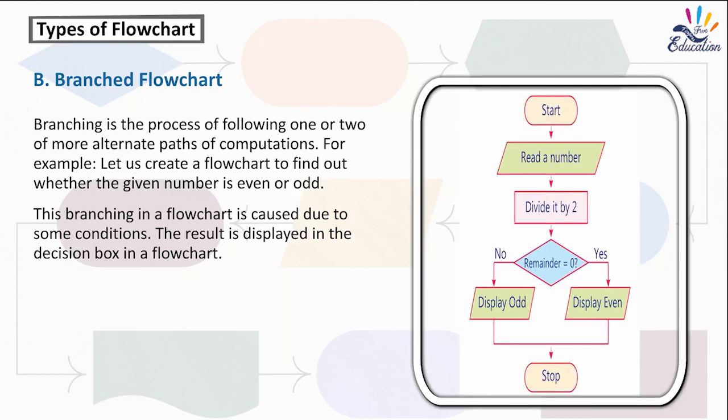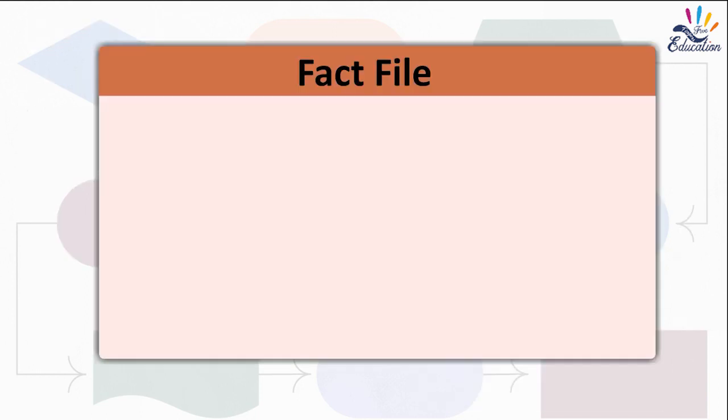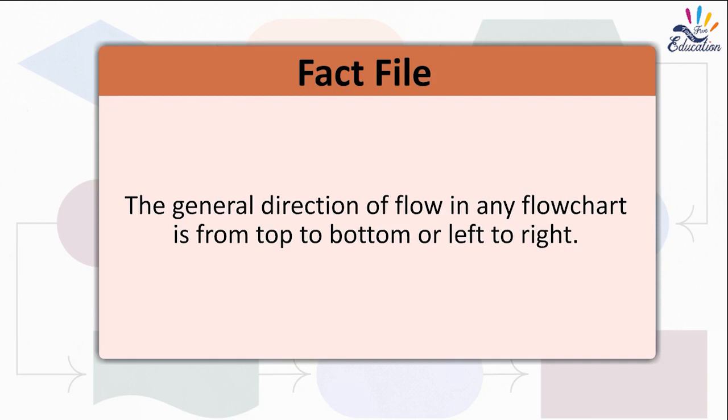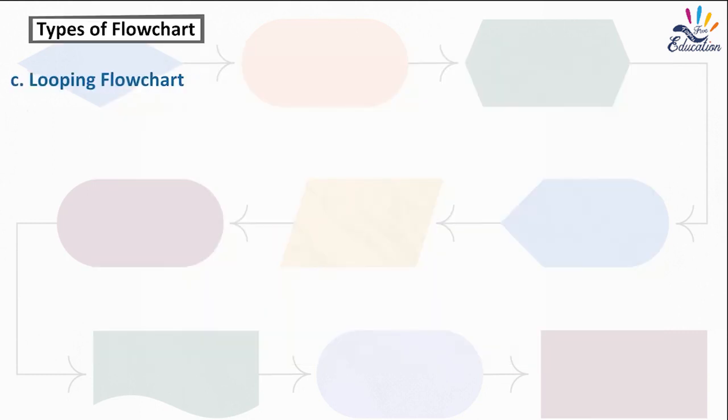Start. Read a number. Divide it by 2. Remainder = 0? Yes: display even. No: display odd. Stop. Fact file. The general direction of flow in any flowchart is from top to bottom or left to right.